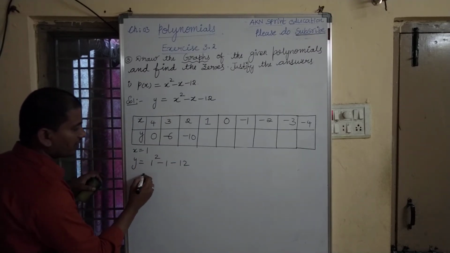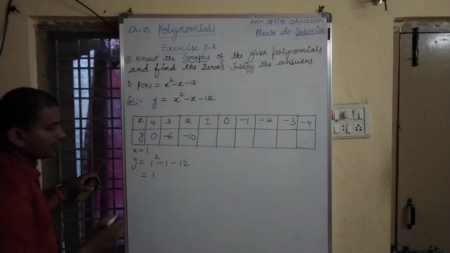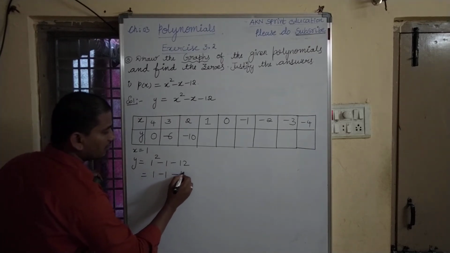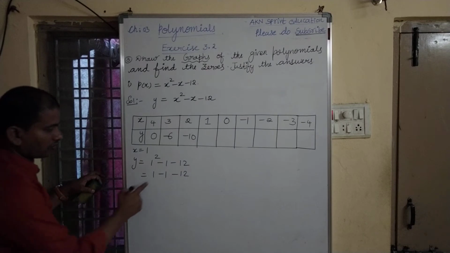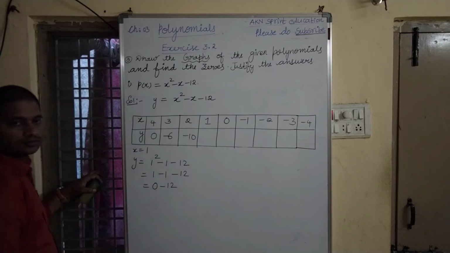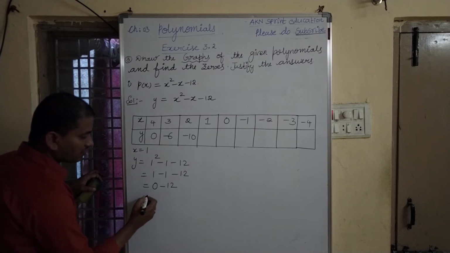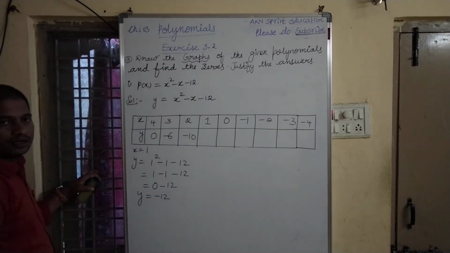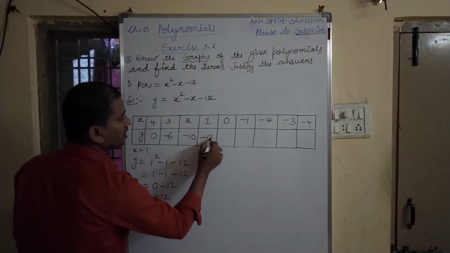What is the value of 1 square? 1, minus 1, minus 12. 1 minus 1 is 0, minus 12. 0 minus 12 is equal to minus 12. So what is the value of y? Y value is minus 12.